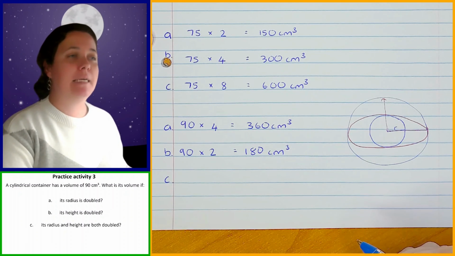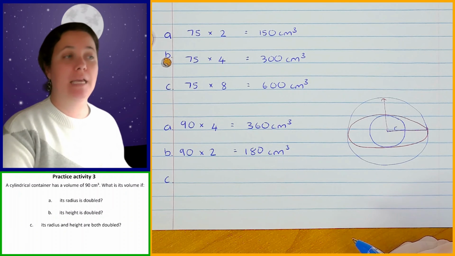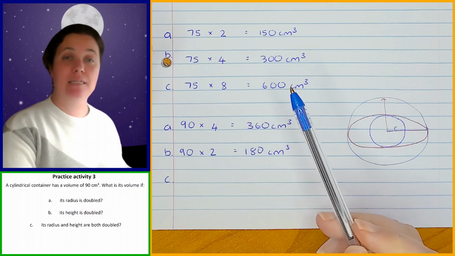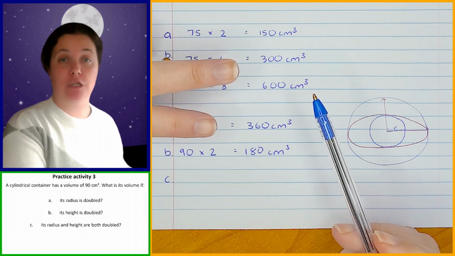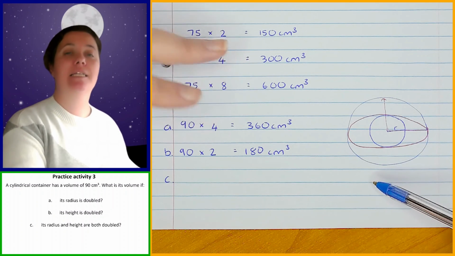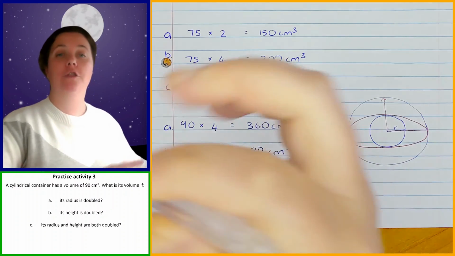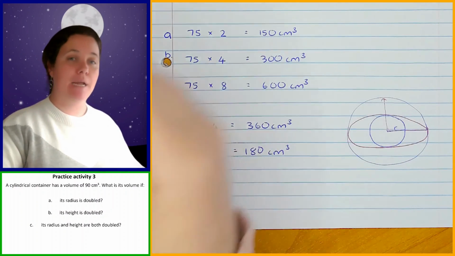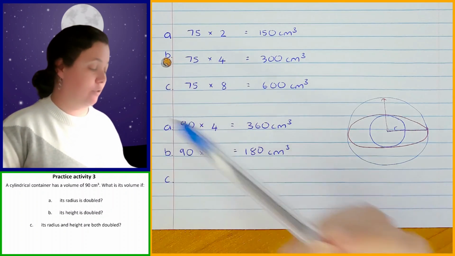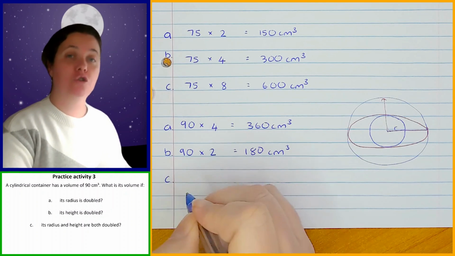And then question C, what will the volume be if the radius and the height are both doubled? So now remember, the radius is the same as 2 dimensions, as I showed you over here, and the height is then a 3rd dimension. So the whole thing is being doubled. The radius is being doubled in both directions, and the height is being doubled, so it's going to be times 2 times 2 times 2.